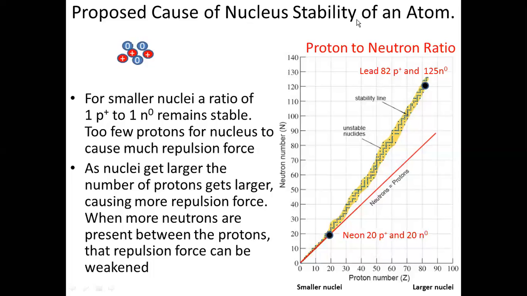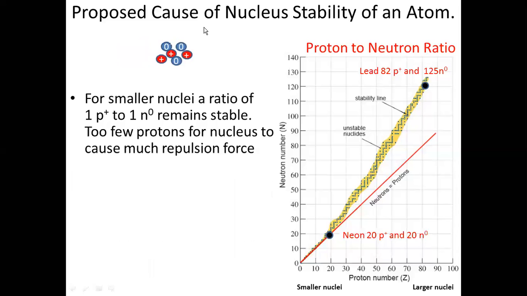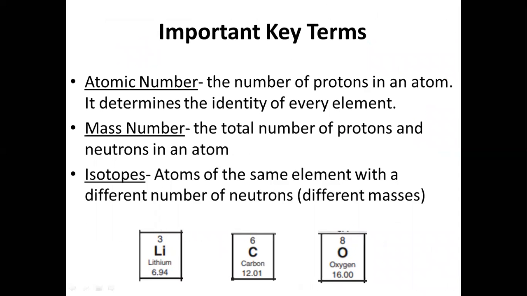So for today, that concludes this particular lesson that relates to the structure of the atom. If we go back to the initial first slide of this lesson, we can see our key terms: atomic number, mass number, and isotopes are the things that I wanted to make certain we covered today.